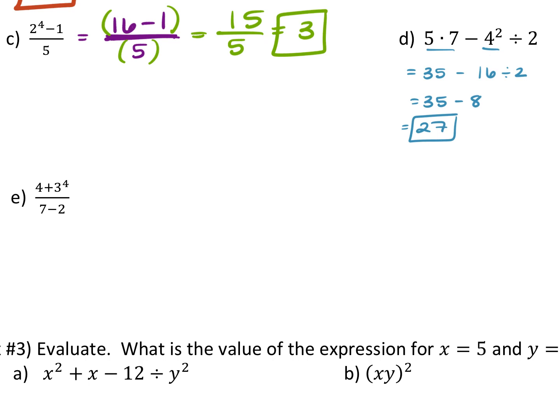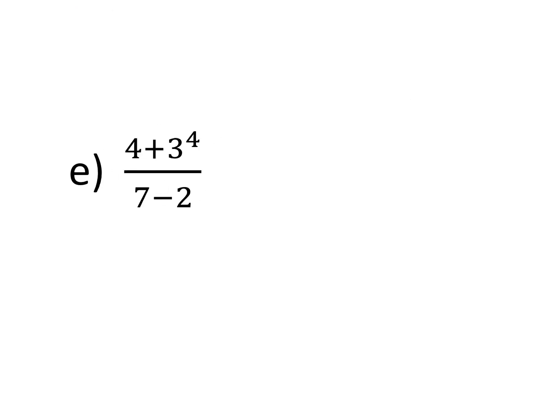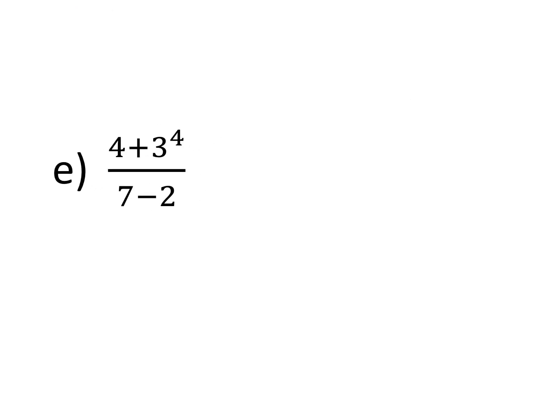Last one of these. What is your first step on this one? The exponent. 3 to the 4th power. 3 to the 4th is 81. You can plug that into your calculator or go 3 times 3 times 3 times 3. So 4 plus 81 over 7 minus 2. What are you going to do next?